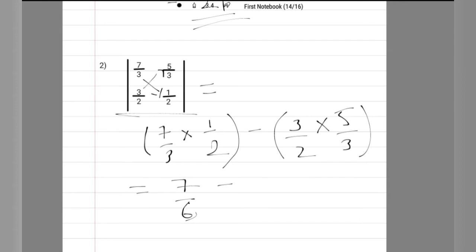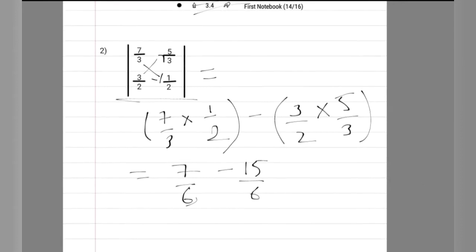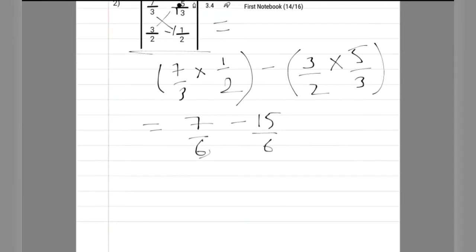So we are not going to cancel it and we get the value as 15 by 6. After subtracting, that is 7 minus 15 or 15 minus 7, we get minus 8 by 6. Further reducing it, we get the value of the determinant to be minus 4 by 3.